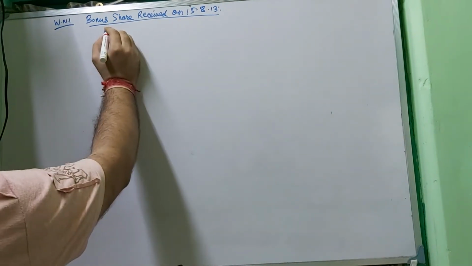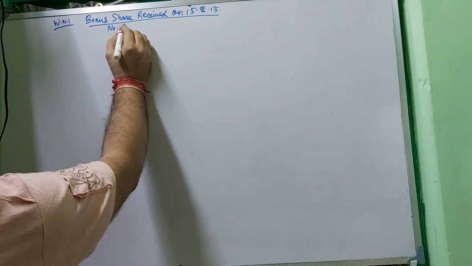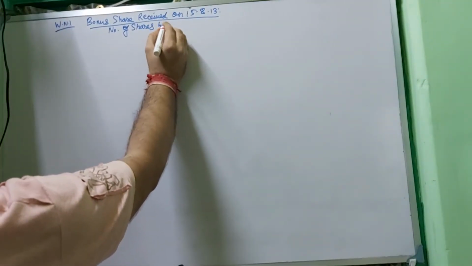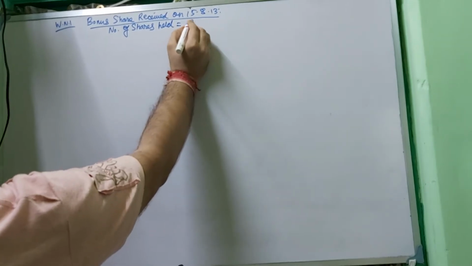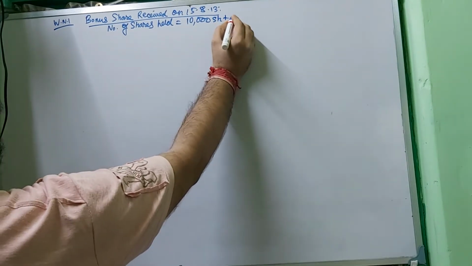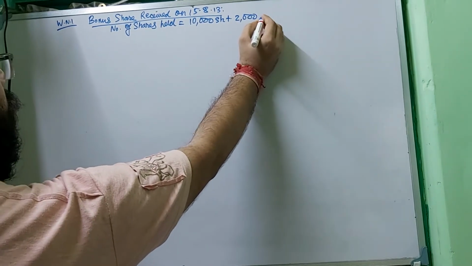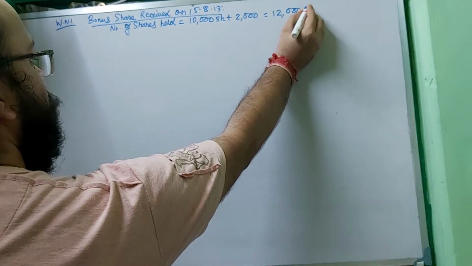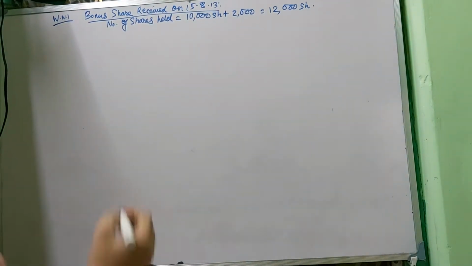Then the number of shares held, obviously 10,000 at the beginning and 2,000 later on 1st of August. Then it becomes 12,000, right? So 12,000 shares they are holding. Bonus shares, 1 share for 2 shares held.